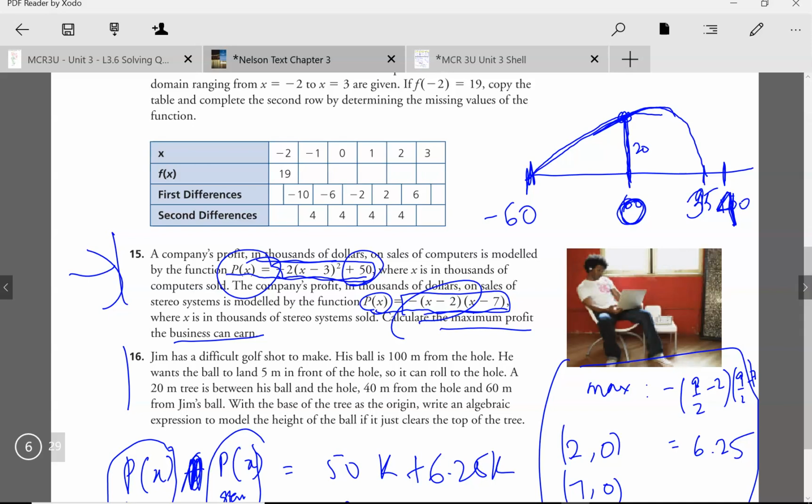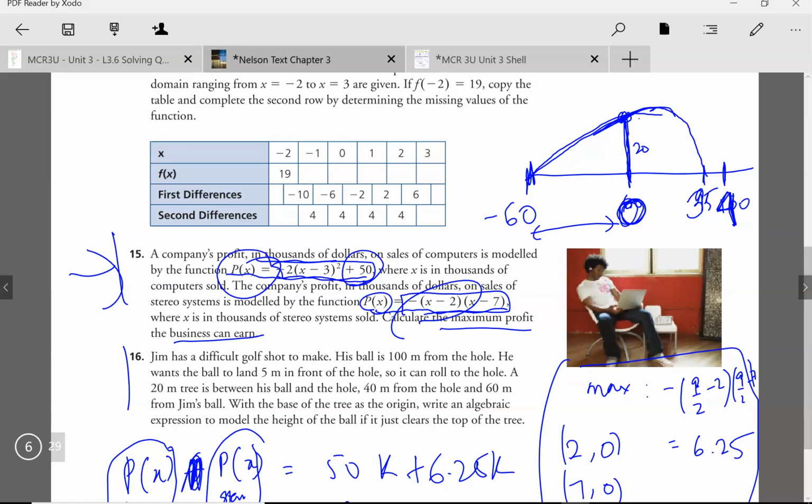It just says cleared the tree, but we don't know where the actual maximum height of the ball is. We do know that when it crossed 60 meters, it was 20 meters high, but it could have gone to 25 meters high before falling down. So we actually don't know where that maximum height is, so it's important to not assume the vertex.